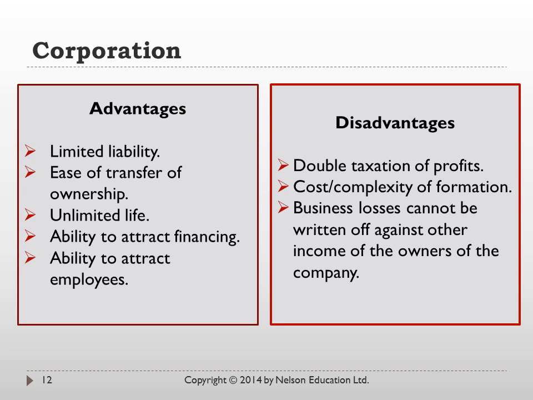In Canada, there's also another type of corporation. Your textbook calls it a one-person corporation, or really a limited liability corporation. It's a type of corporation that only has one shareholder, so there's only one owner.